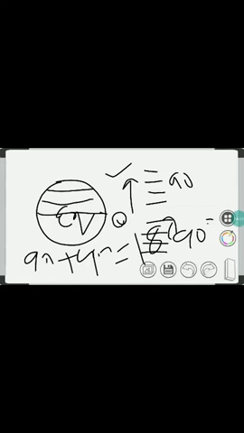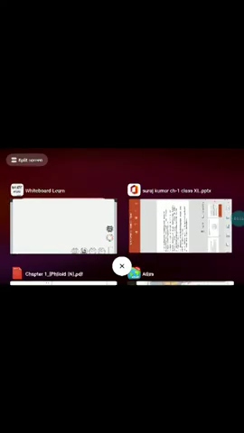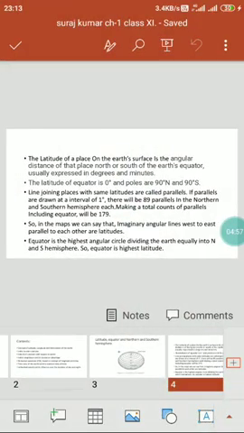All these are circles lying on the surface of the earth parallel to each other at equal distance. So in total the entire earth is covered with 180 degrees of latitude. The latitude of the equator is 0 degree, the North Pole is 90 degree north, and the South Pole is 90 degree south.